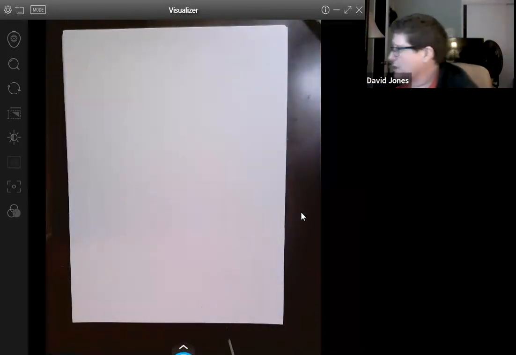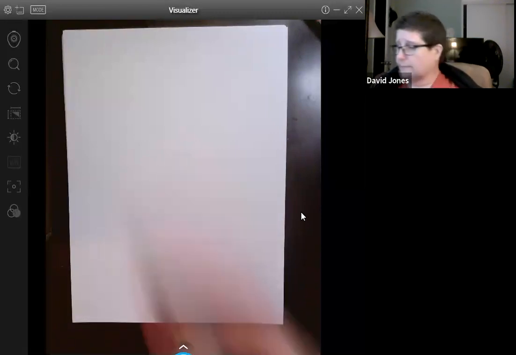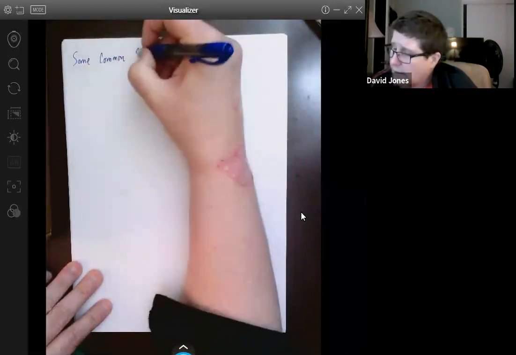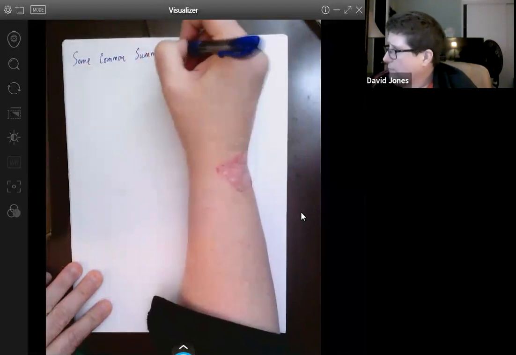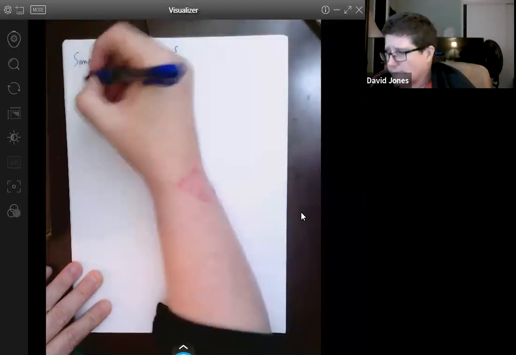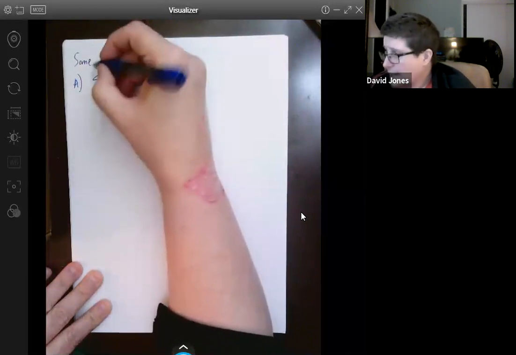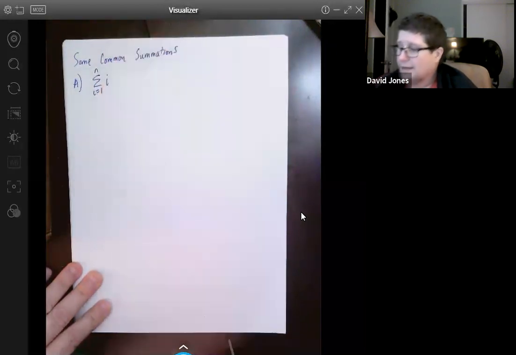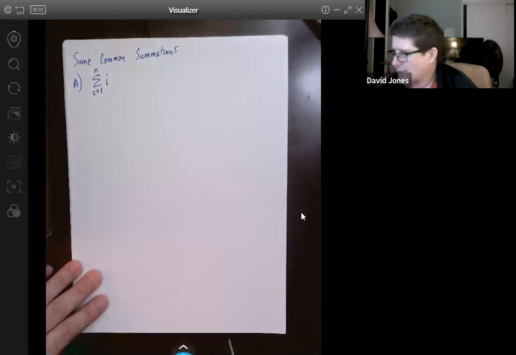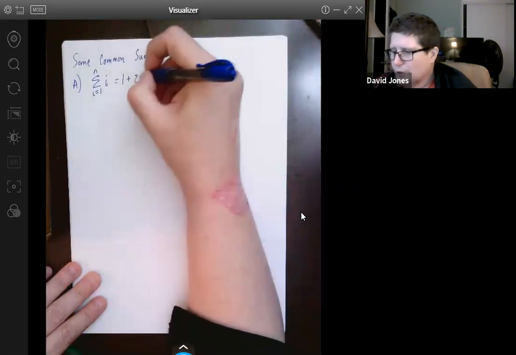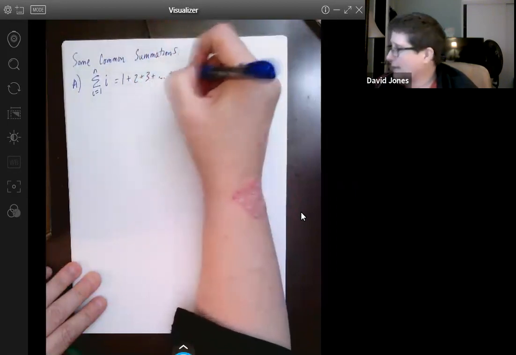So some cool summations. Some common summations. The sum from I equals 1 to n of I. This is 1 plus 2 plus 3 plus dot dot dot plus n.